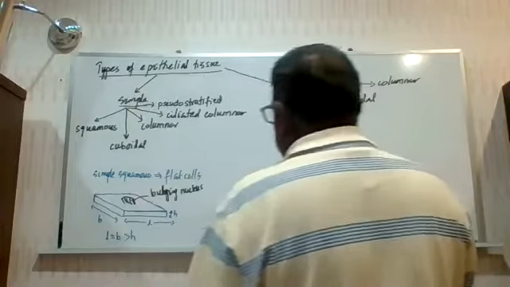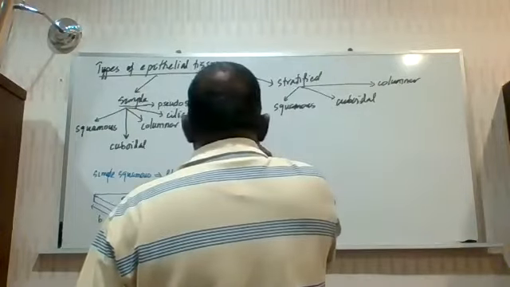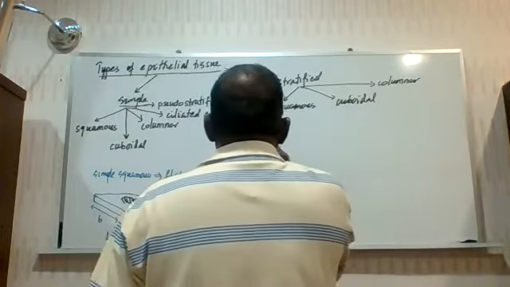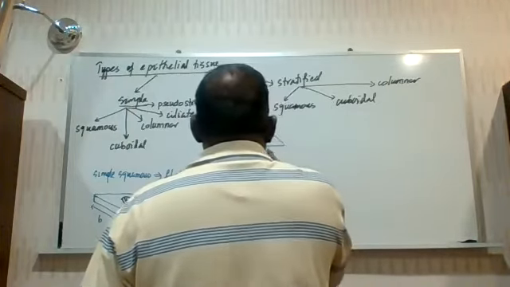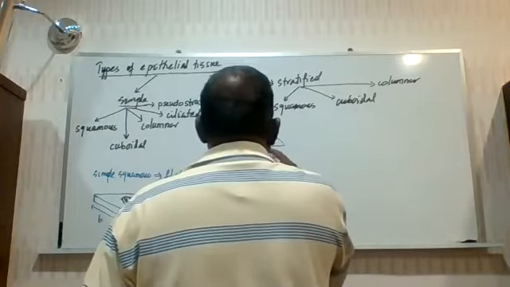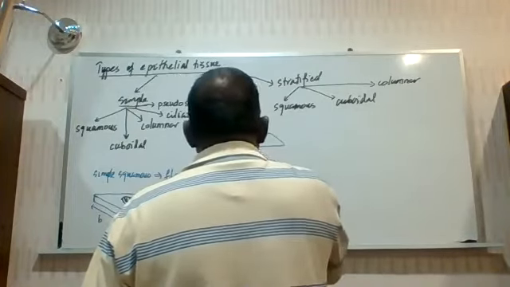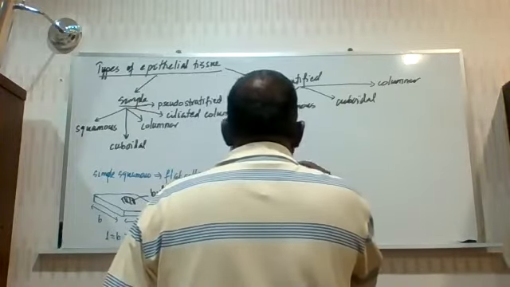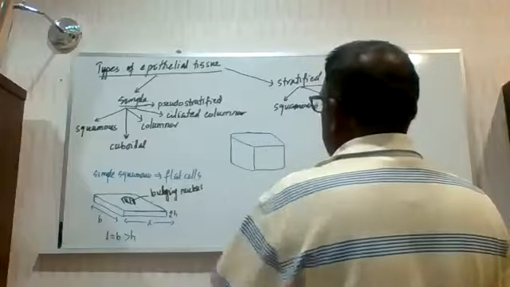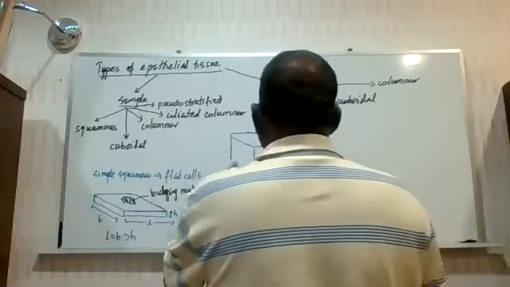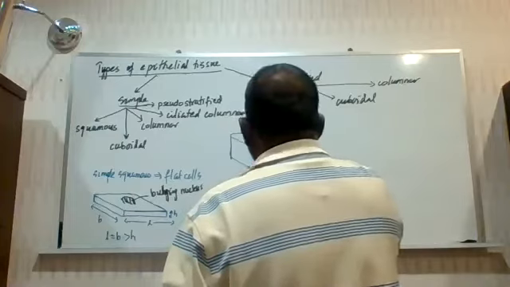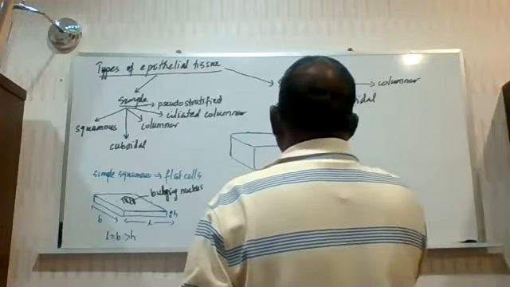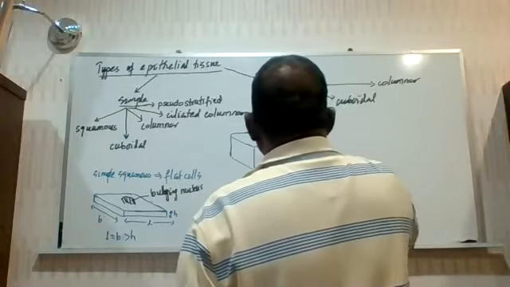Now, a cuboidal cell is more like a cube. You find the length, the breadth, and the height roughly the same, giving the idea of a cube.